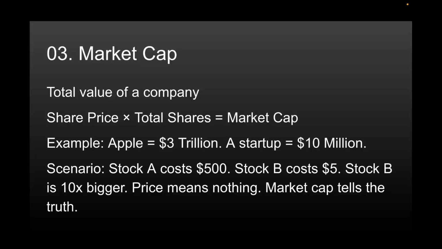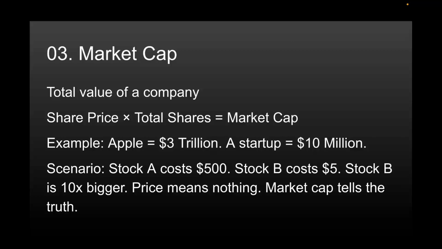Next up is market cap. Market cap is the total value of a company. Here's the formula. Share price multiplied by the total number of shares equals market cap. Here's why this matters. Stock A costs $500 per share. Stock B costs $5 per share.